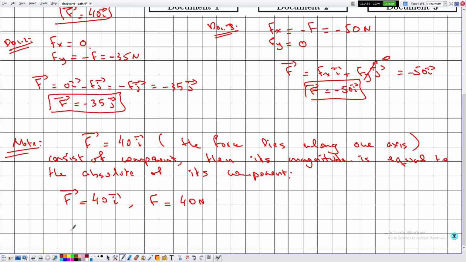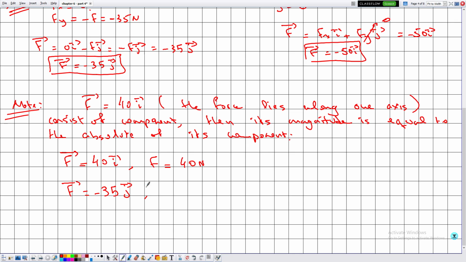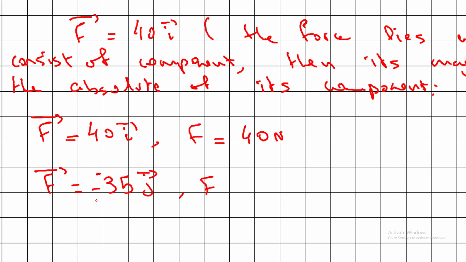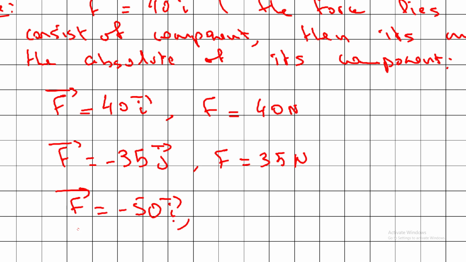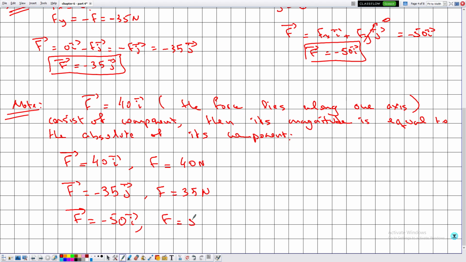Now in case F is equal to minus 35j, because it consists of one component or it lies along one axis, then F is simply the absolute value of this number, which is 35 newtons. Now as for F, which is equal to minus 50i, because this force consists of one component, the magnitude is simply the absolute value of this number, which is 50 newtons.